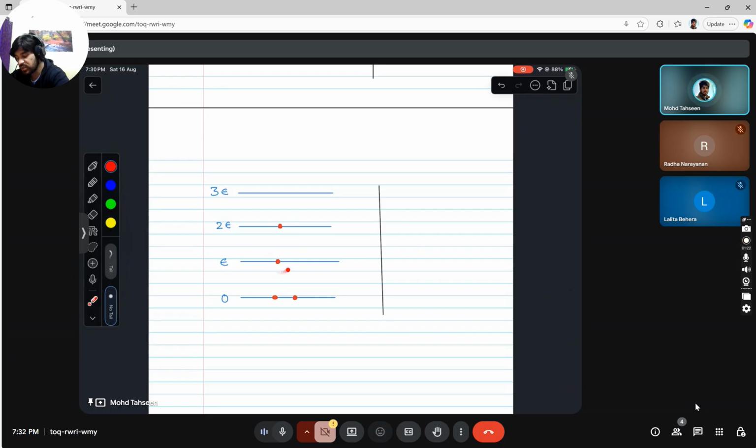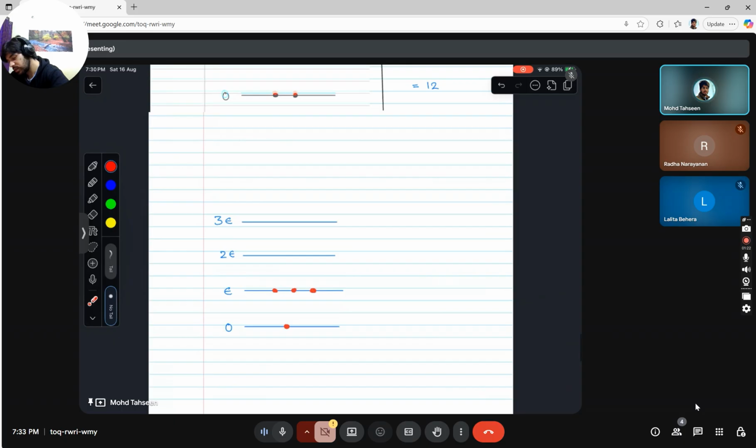So this can be filled in 3 ways, and after that there is a single way to fill these 2 into one energy level. So the total number of ways is 4 into 3 into 1, that is 12. There are 12 ways to fill this microstate.